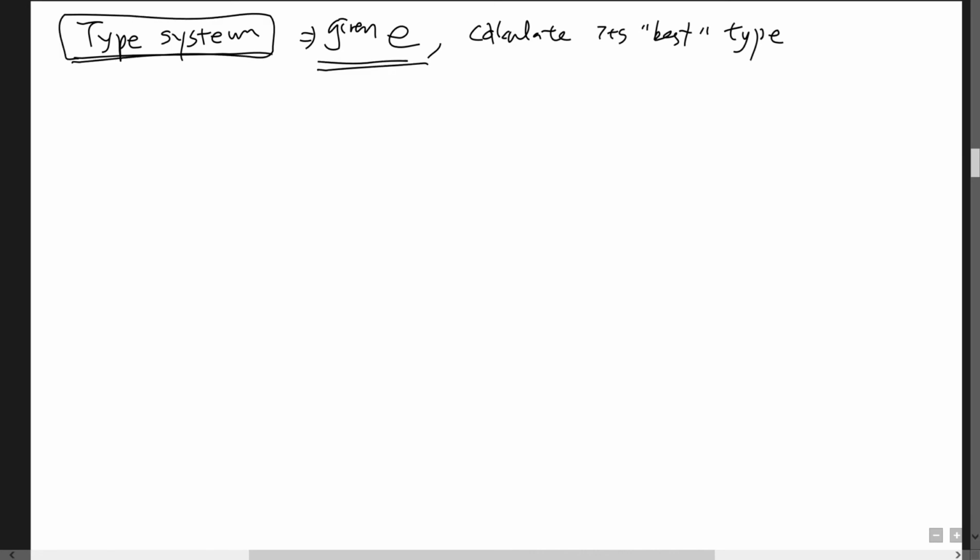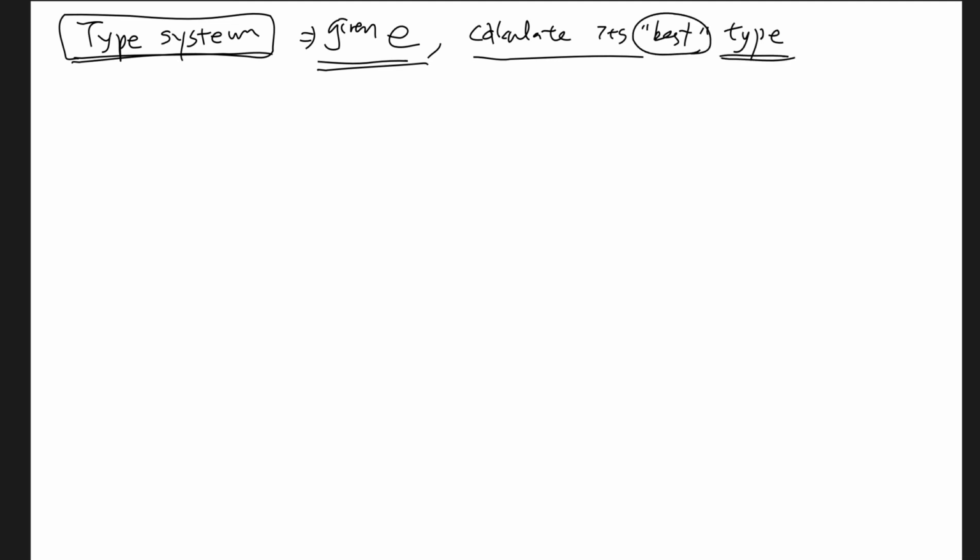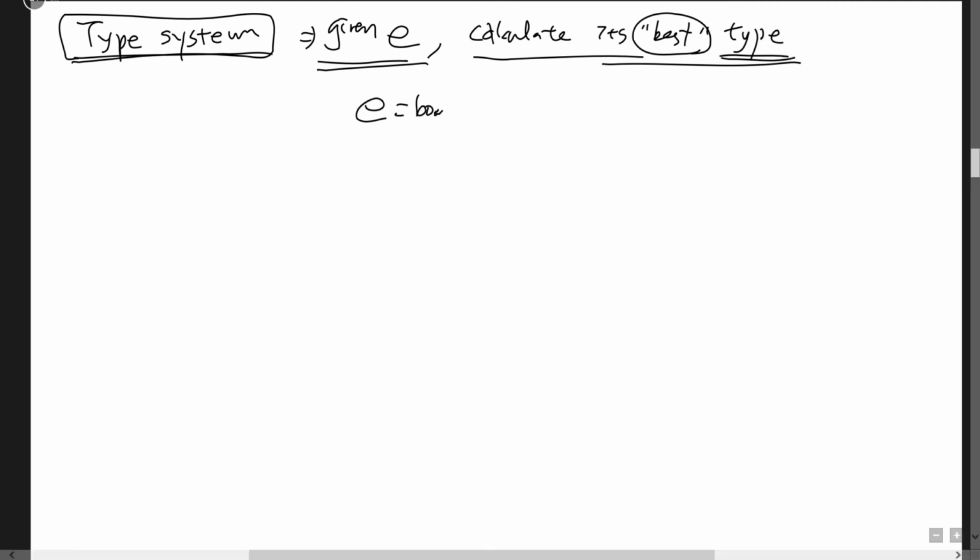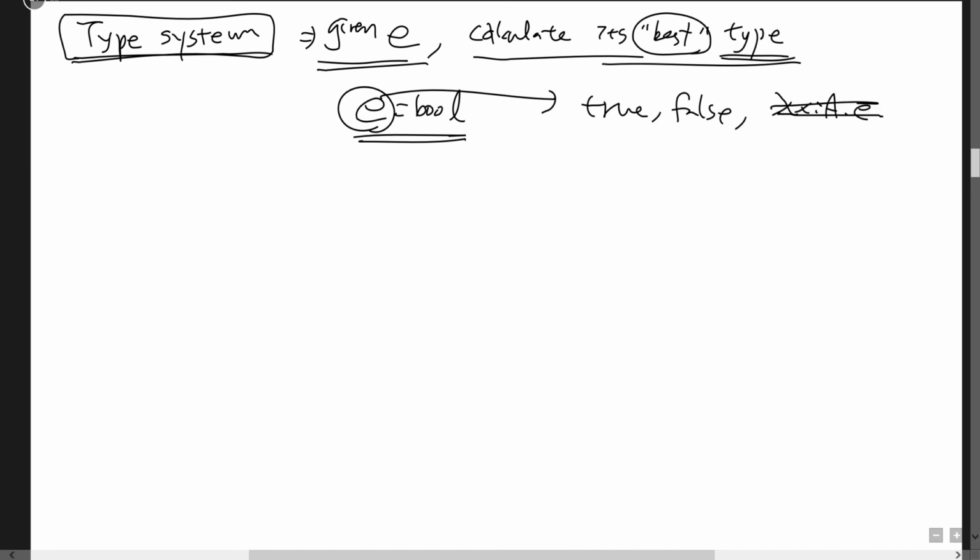Given an expression E, we'd like to find out its best type, informally speaking. And this type is very useful for analyzing this expression. So for instance, if an expression E has a type bool, there is a good chance that this expression eventually produces either true or false, not some lambda abstraction. This is unlikely unless the programming language is ill-designed.